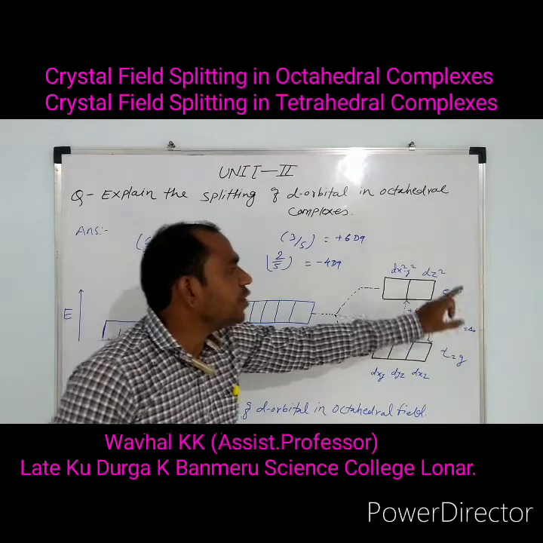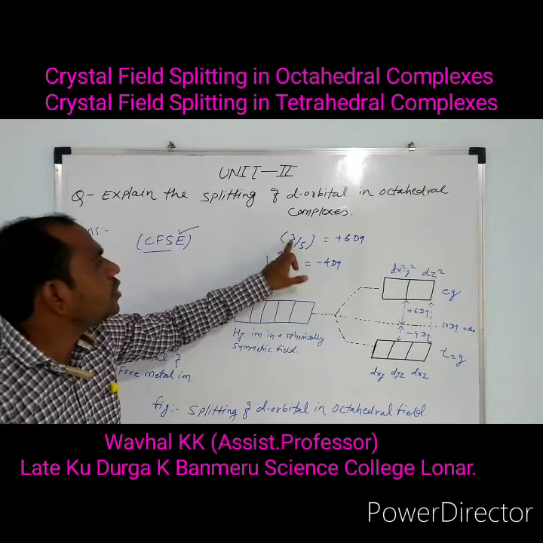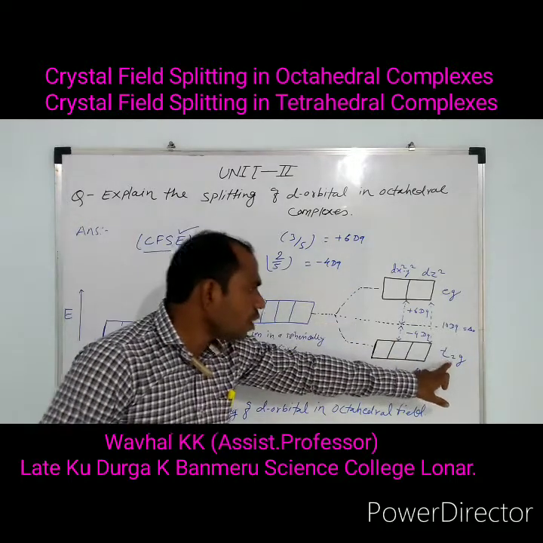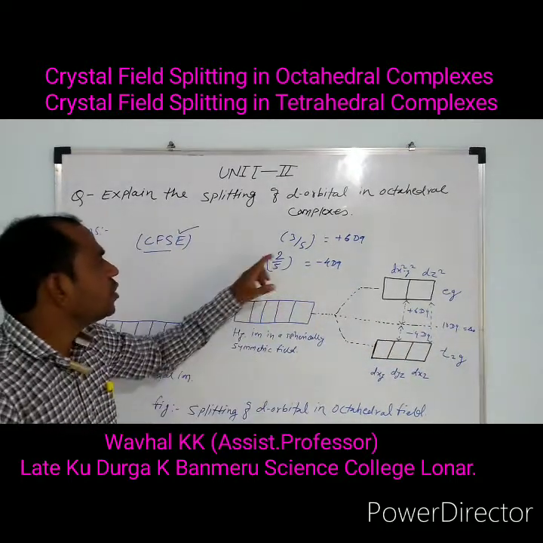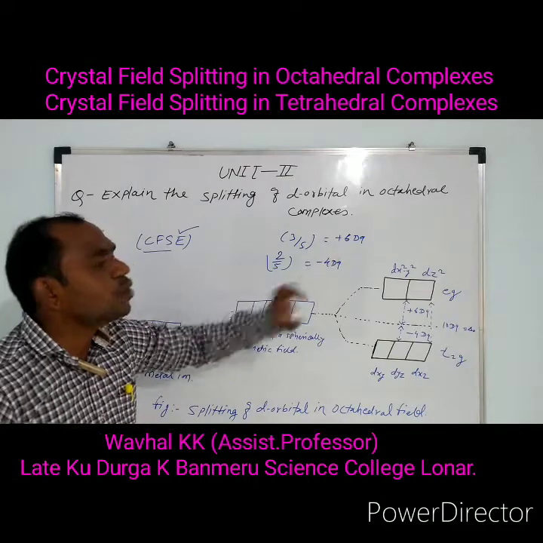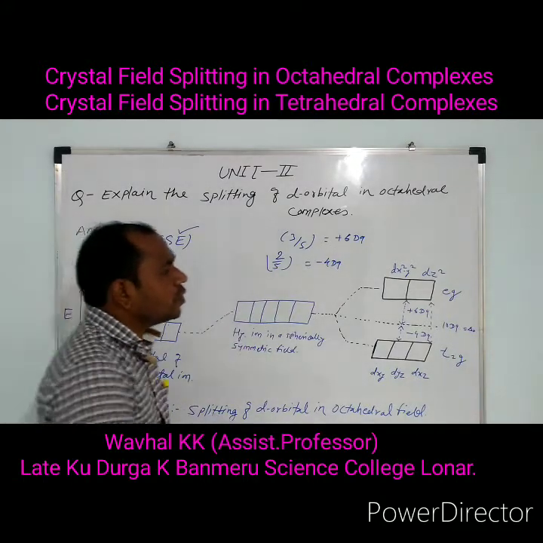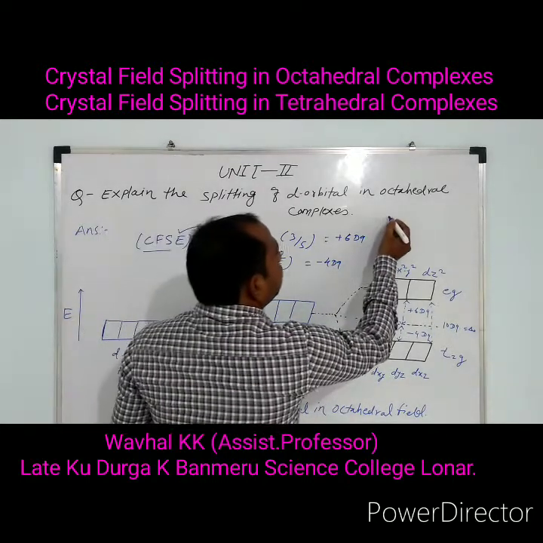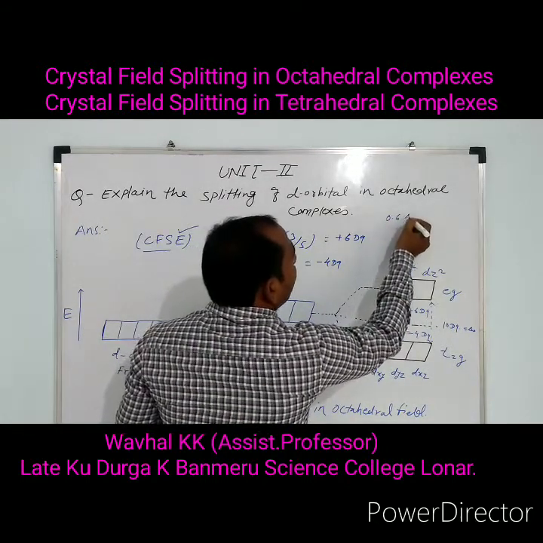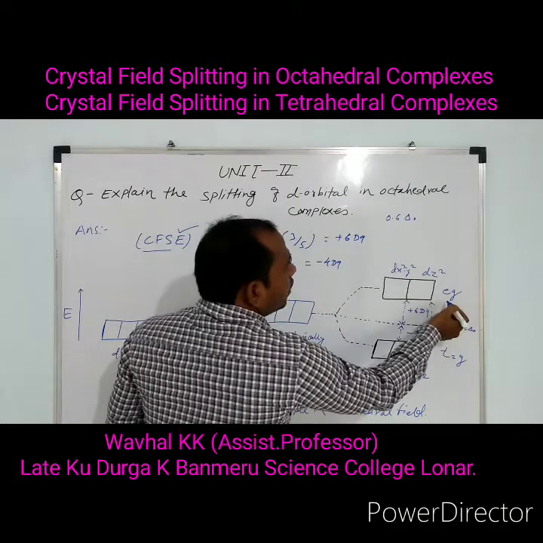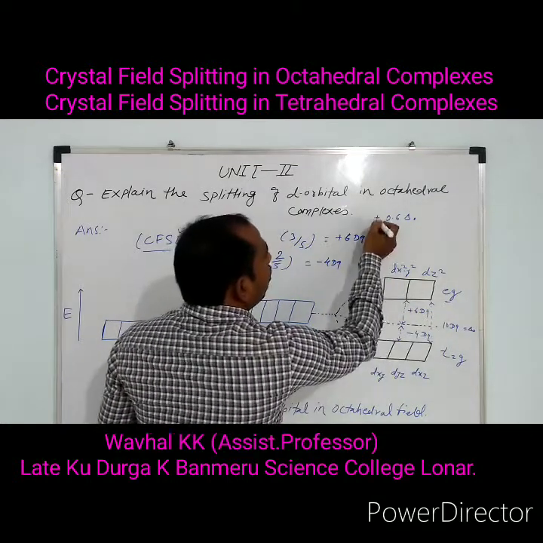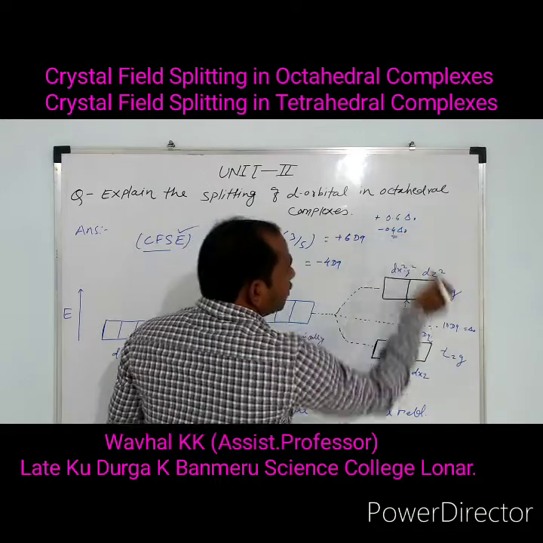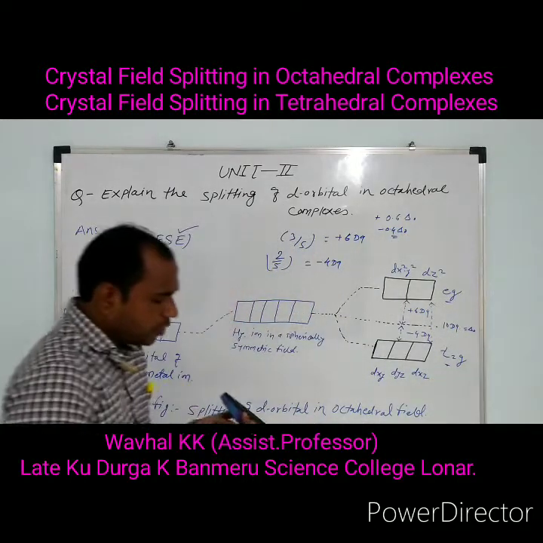The Eg orbital is raised in energy by 3/5, which is equal to +6 Dq, and the T2g orbitals lower the energy by 2/5, which is equal to -4 Dq. In terms of delta octahedral, 0.6 delta octahedral is the energy of the Eg orbital, and -0.4 delta octahedral is the energy of the T2g orbital.